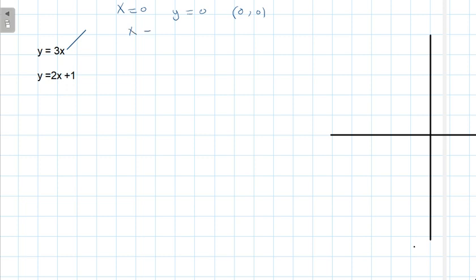When x equals 2, then y equals 6. I have another point, 2, 6. Then 0, 0 and 2, 6.